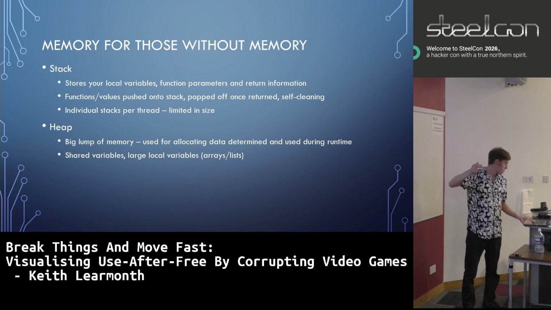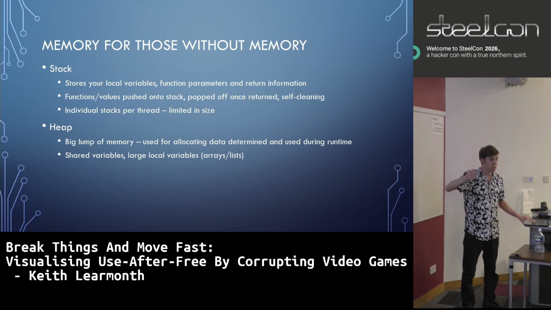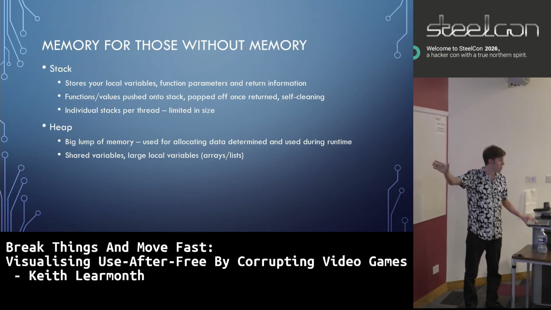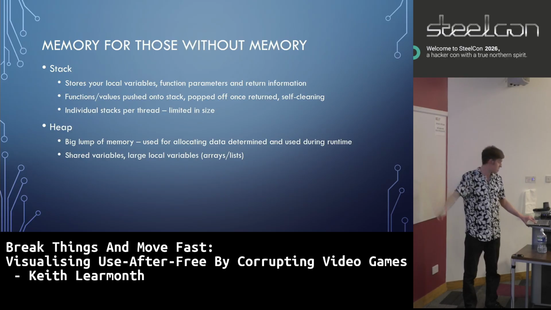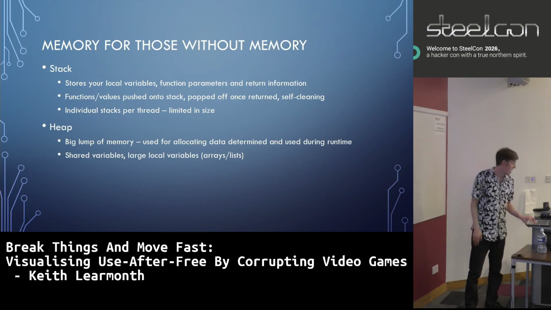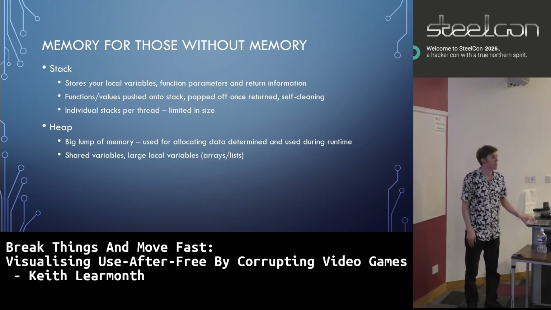And what we're going to be talking about today is the heap, which is just a big lump of memory, and that's essentially where you're keeping your data that the stack then pulls and uses. It's where your shared variables are across the whole program, and any large local variables, like arrays, lists.